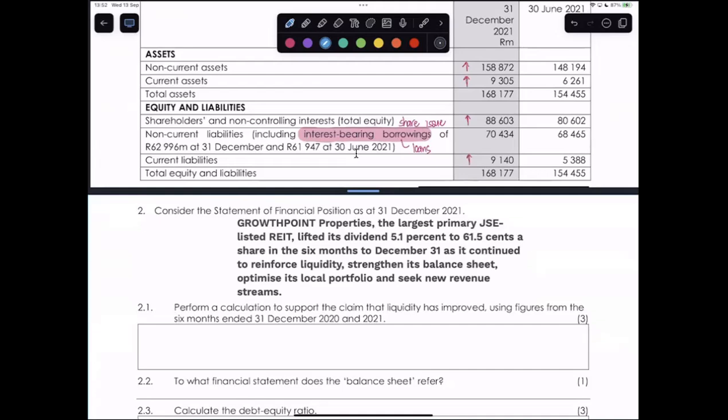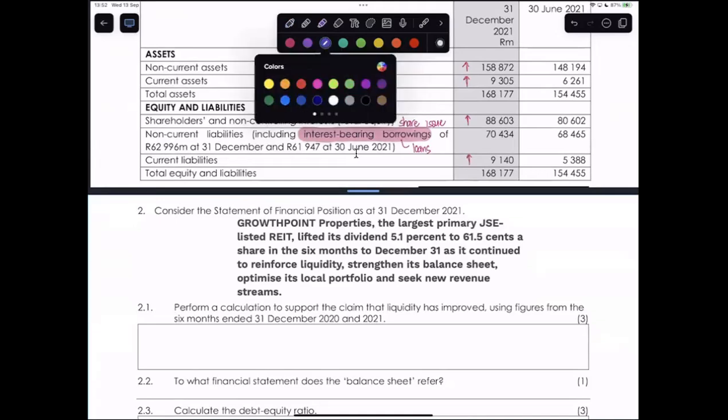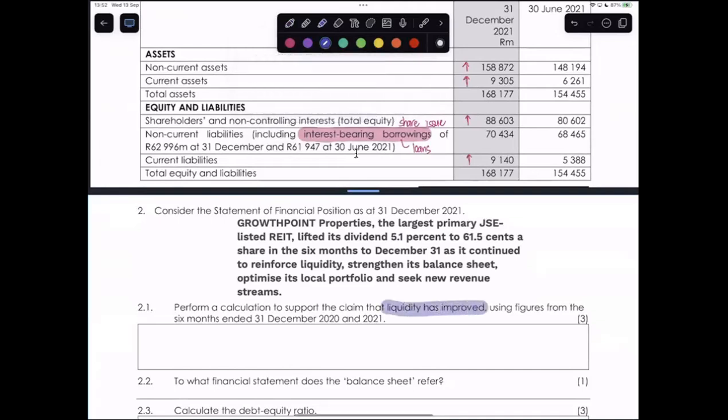Perform a calculation to support the claim that liquidity has improved, using figures from the 6 months ended 31st of December 2020 and 2021. So, to find out liquidity, you should immediately be thinking, liquidity is relating to your cash flow. In other words, you want to look at your current ratio.